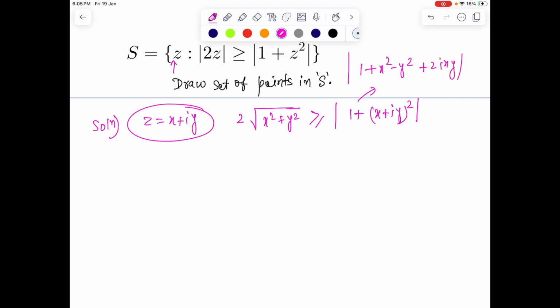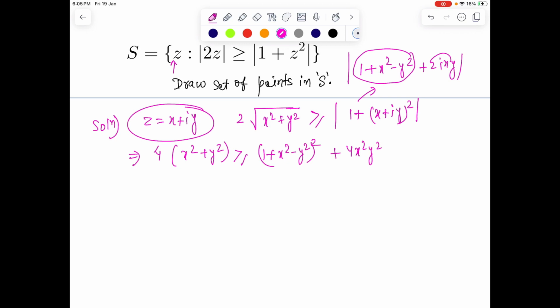You can see it's 1 plus x square minus y square plus 2ixy, magnitude. So it will be this square plus 4x square y square. So it's better if we square both sides, and we get 4 times x square y square is greater than or equal to (1 plus x square minus y square) whole square plus 4x square y square.